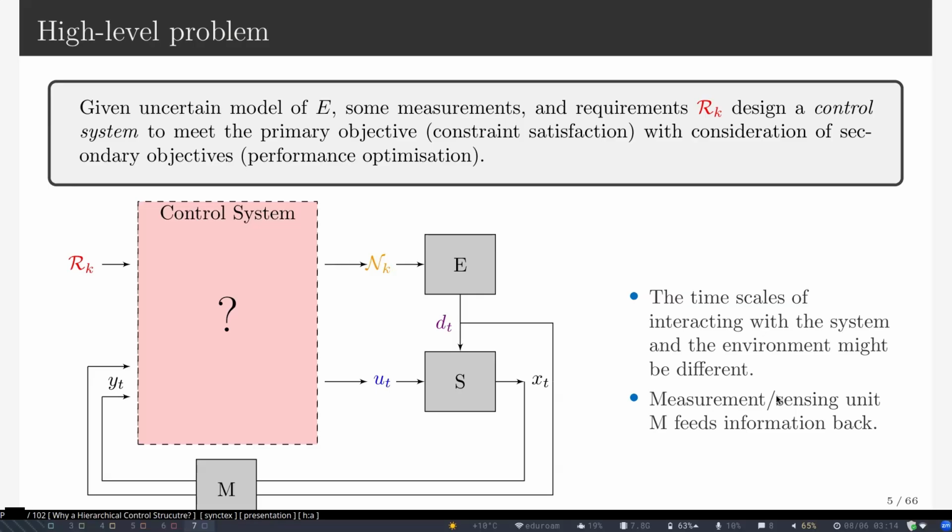That would be the role of the control system, which takes the measurements out of a measurement machine, you call it a sensor, and the specifications given to it, to interact with the environment and the system so that things are hunky-dory. So this is the broad structure of the problem.